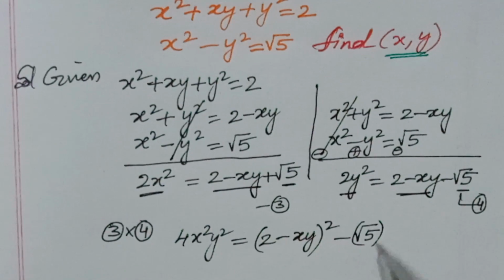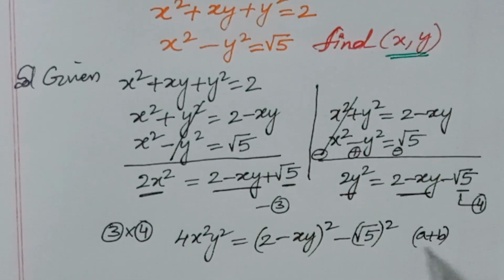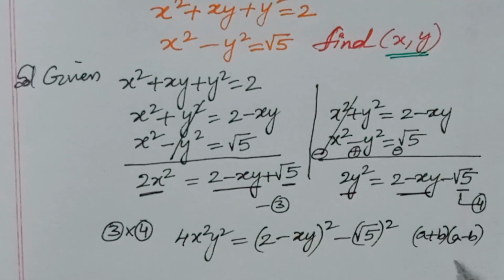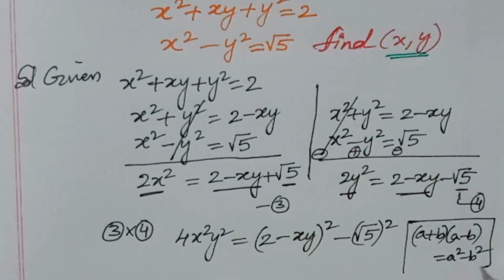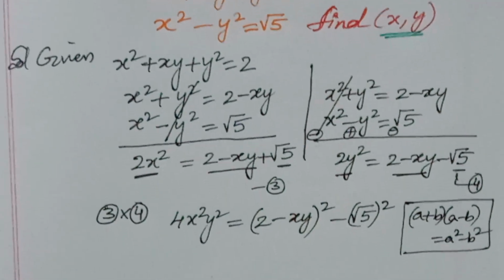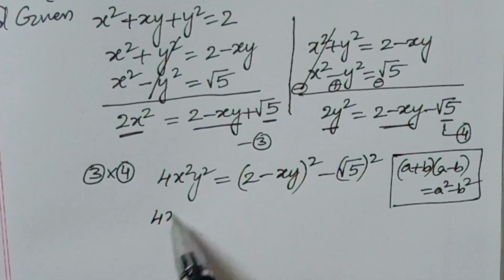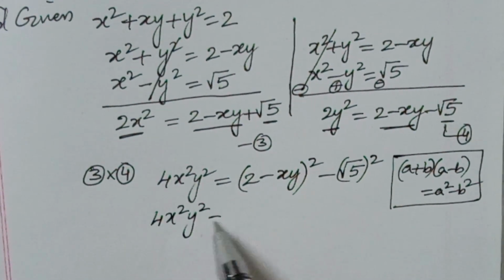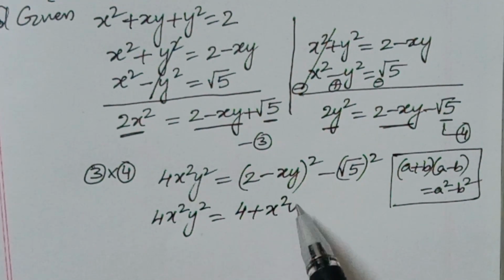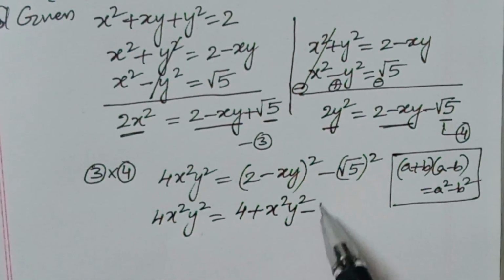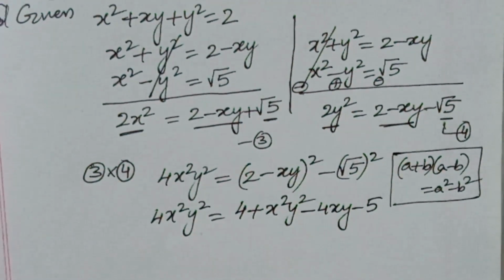We are using the formula a plus b into a minus b is equal to a square minus b square, in the RHS. Now what will we get here? 4x square y square is equal to 4 plus x square y square minus 4xy minus 5.